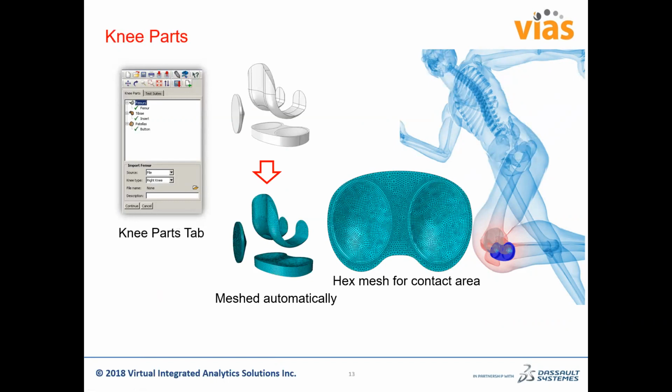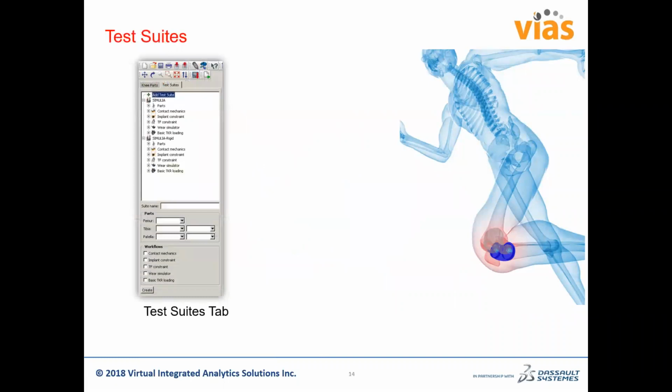In knee parts, we import the geometry, mesh it, and make it available for setting up the model to perform the analysis. In the next tab, the test suite tab, we determine what parts will be included in a certain workflow which we'll be doing.